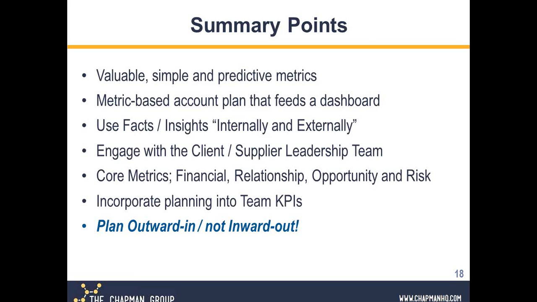Many of the metrics we've suggested are outward in. That gives us the ultimate view or knowledge bank in our strategic account plan. And when we have the ultimate knowledge bank, it significantly increases the probability of your client being successful through you and with you, and you being successful through and with your client. So there are my key points today.